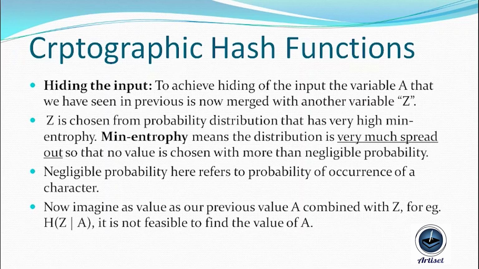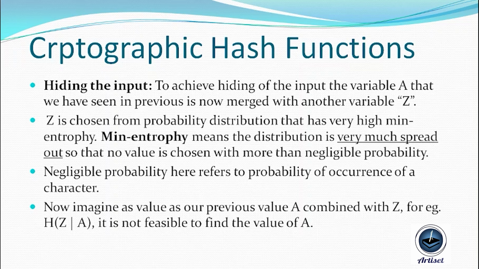Next feature of cryptographic hash functions is hiding the input. To achieve hiding the input, the variable a, which we have seen in the previous slide, will now be merged with another variable z. Z is chosen from a probability distribution that has very high min entropy.